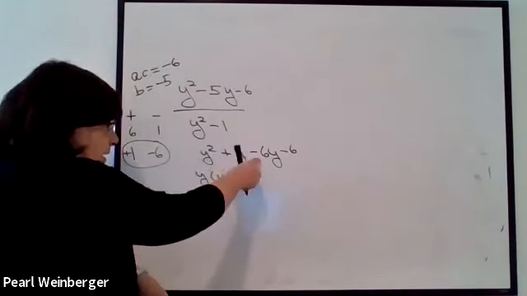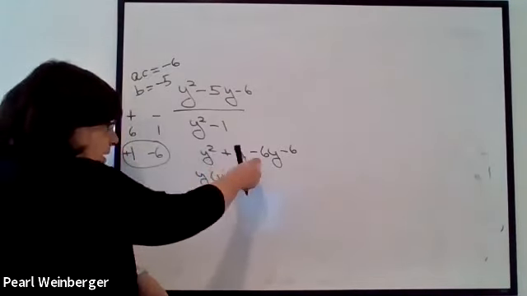And that will also give me the y plus 1. So the numerator comes out to be y plus 1 as one factor and y minus 6 as the other factor. You don't have to write all this down. You could be doing this in your head, but the y squared minus 5y minus 6 factors into y plus 1 and y minus 6.